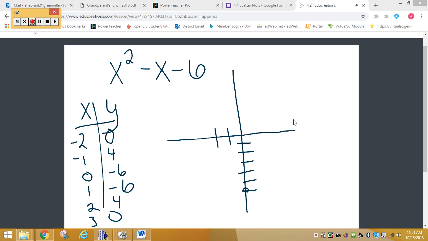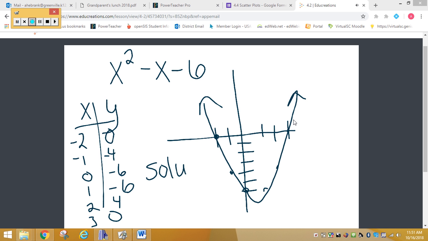So I'm going to put one here. -1, oh, that's a -4. 0, -6, I already graphed. 1, -6, 2, -4, and 3, 0. And then when you connect your dots, it looks like this.